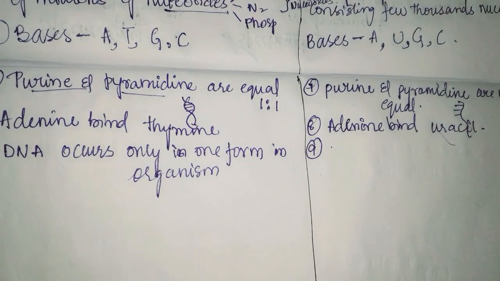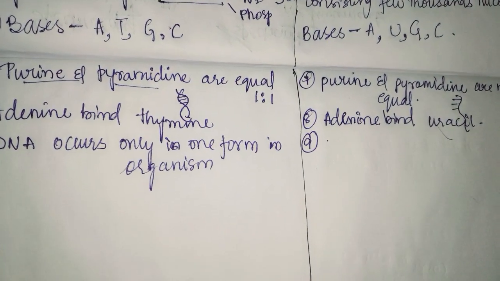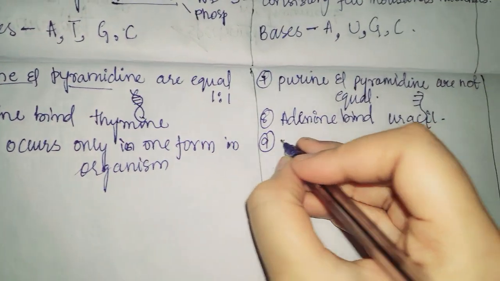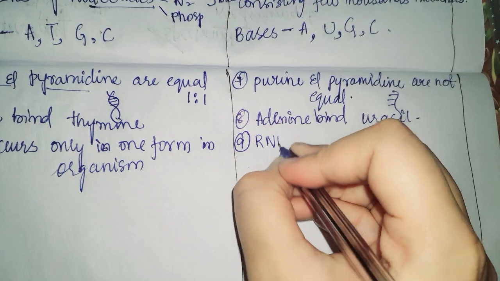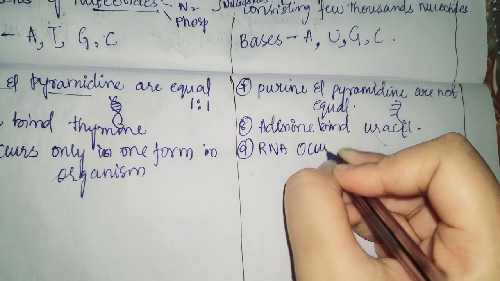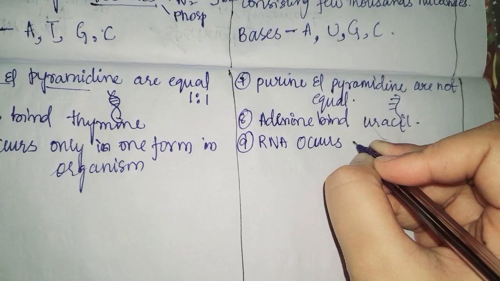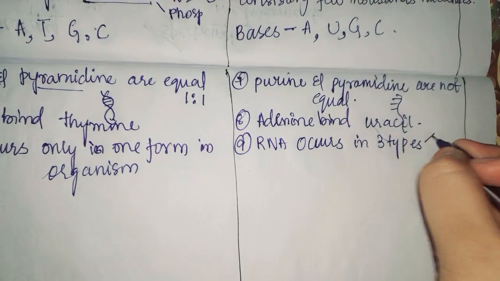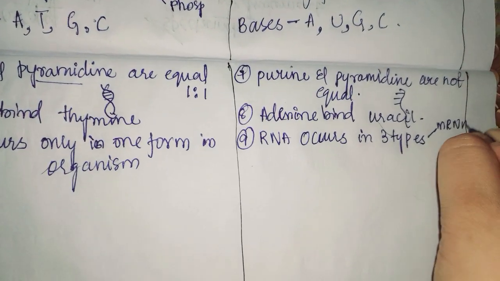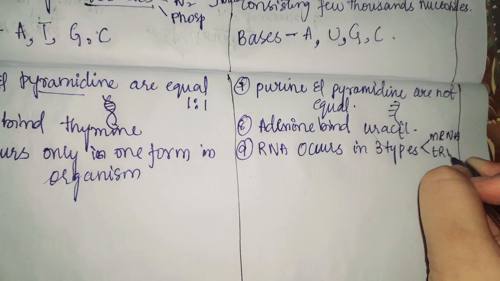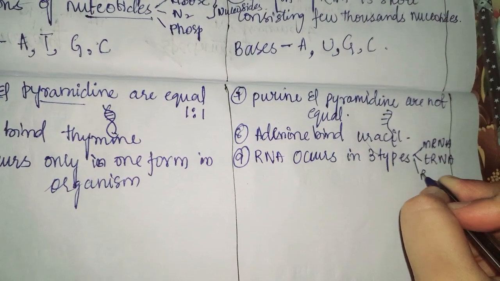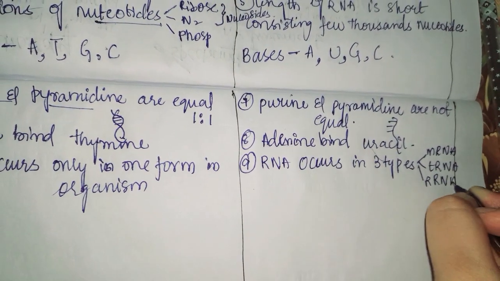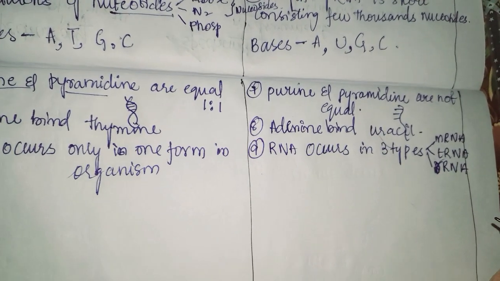So what are those many forms? We'll see. RNA occurs in three types. Those are mRNA, tRNA, and rRNA. Okay, this is short for RNA, with a small r.